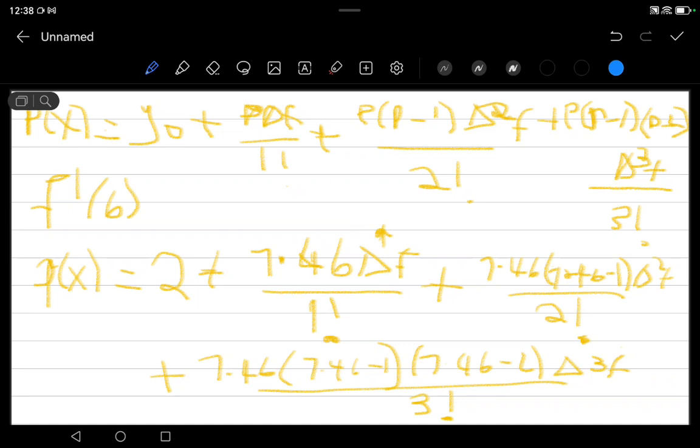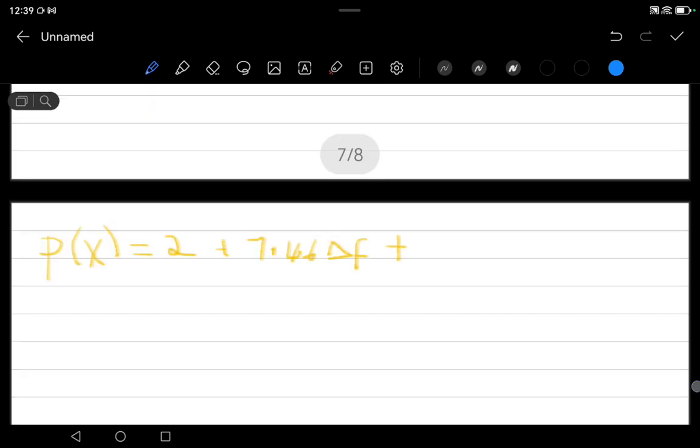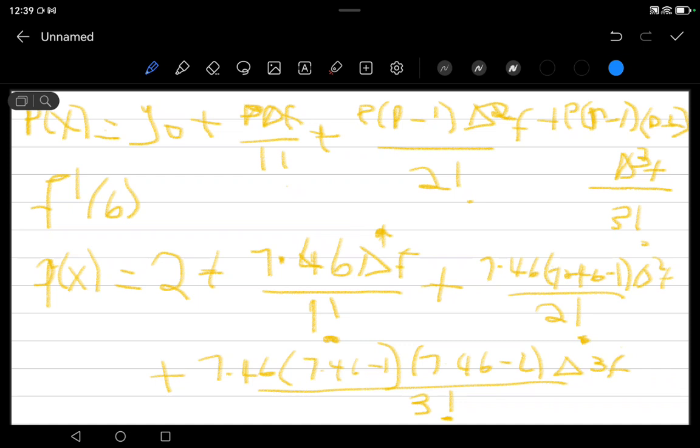So it's going to be 7.46 times 1 over 1 factorial, which is 7.46. So it's going to be plus 7.46 change f. Plus, and then we're going to calculate this. 7.46 into 7.46 minus 1 over 2 factorial is going to give us 24.096.